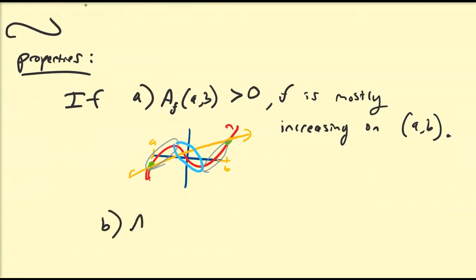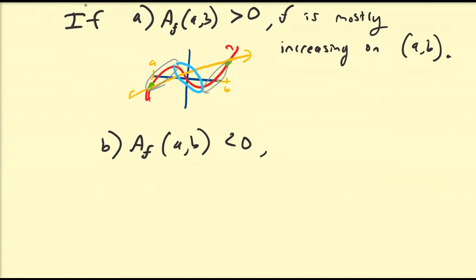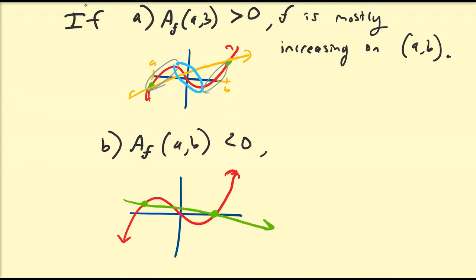So case B, let's consider the case where the average rate of change of f on a b is negative. Let's draw a picture to demonstrate this idea. Let's consider the same exact function, but let's choose a couple different points. Let's choose this point and say the vertical intercept. As we see, is this function always increasing or decreasing on this interval? No, of course not.